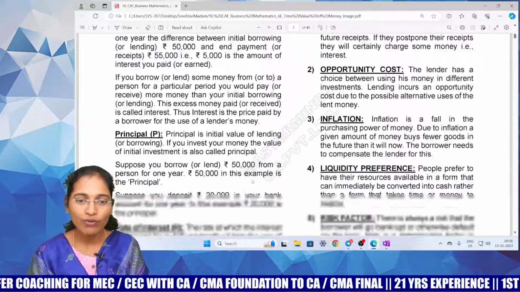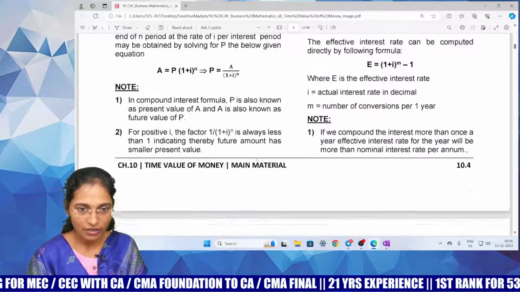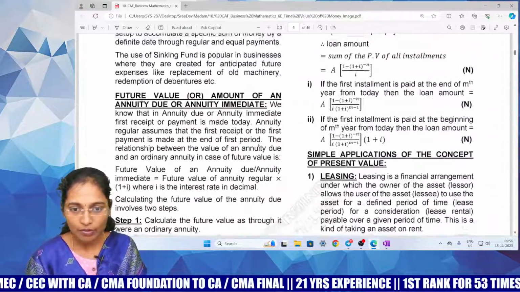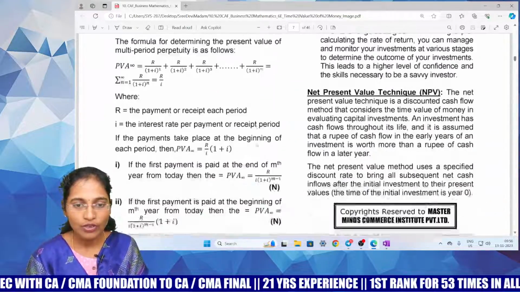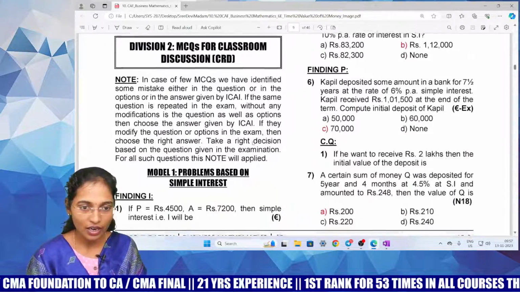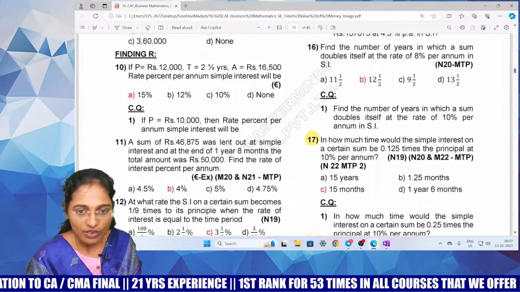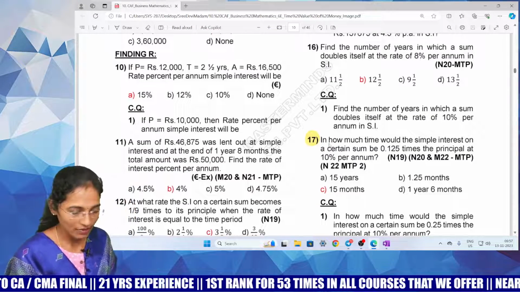So I'm starting off with simple interest. So the first question here I wish to explain is, look at this, guys. So I have marked some questions in this concept so that you can get many more tricks that are related to time value of money based upon these questions. So the first question that I wish to explain here is question number 70.